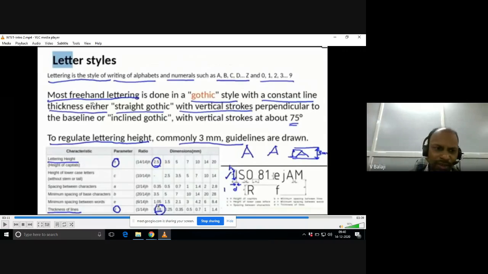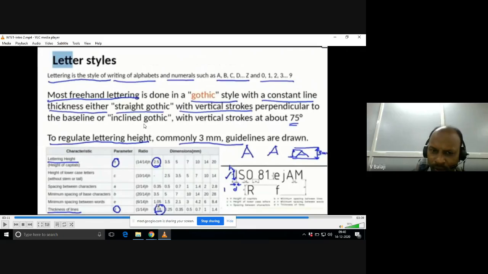I am reading some of the important things. Most freehand lettering is done in a Gothic style with a constant line. We don't use any scale to write the letters. We generally use freehand only, because to save time, we use freehand only.